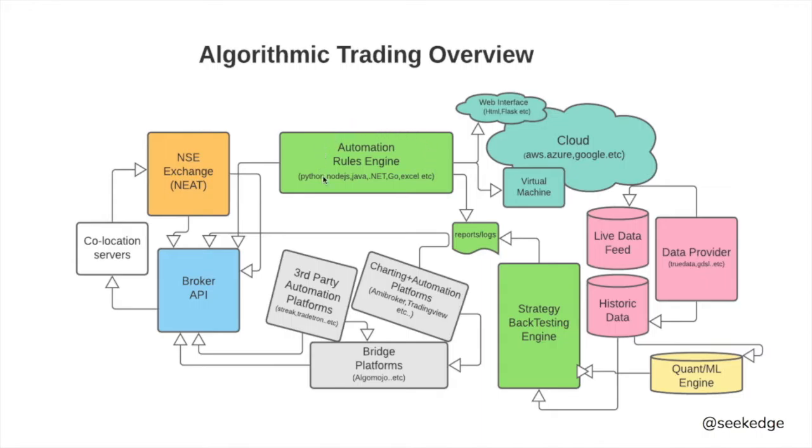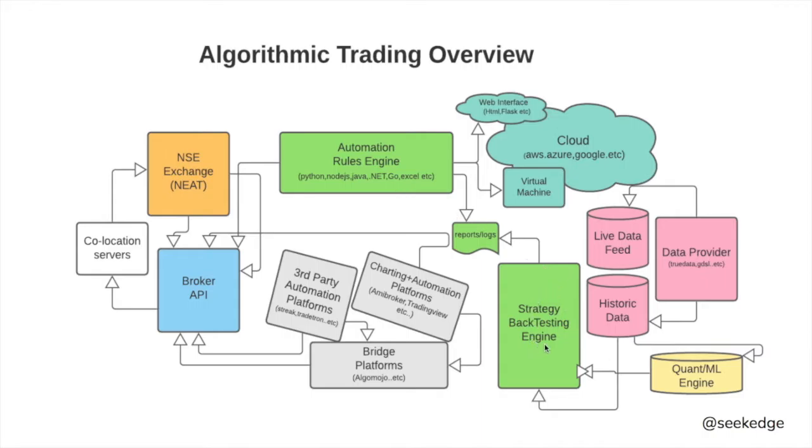The piece of code that makes this possible is the rules engine or the automation engine. This can be done in different programming languages like Python, Node.js, Java, .NET, or even an Excel sheet nowadays. So that is the automation engine part of it.